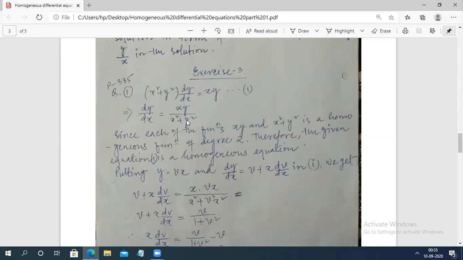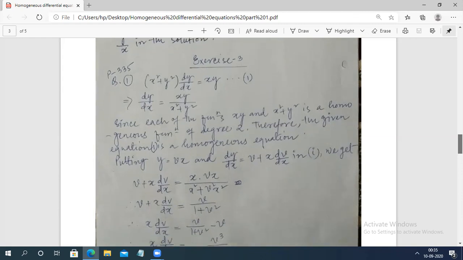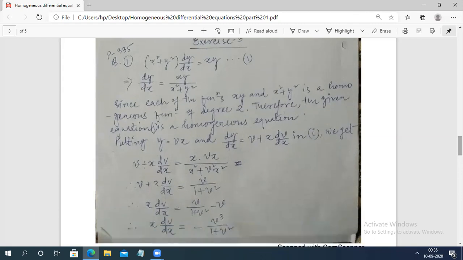To check homogeneity, this is the simplest way, because you only have to check whether the degree of the variables in each term is the same or not. No need to use the lambda method to check; you can check it through the power of the variables in each term.